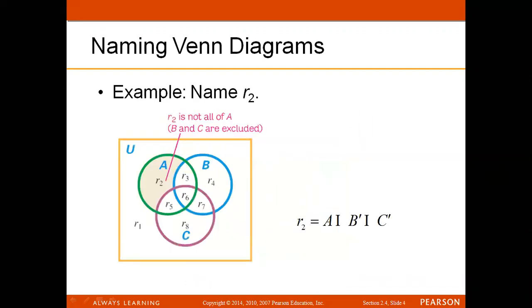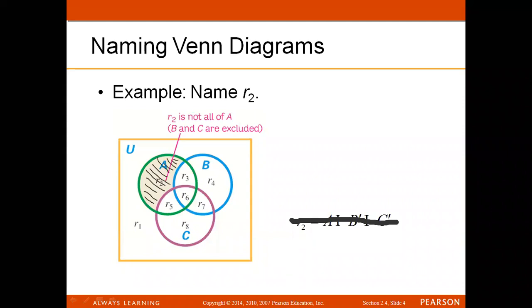Naming Venn diagrams. Example, name R2. Well, since the book's notation is terrible for this, we will look at naming this space ourselves.